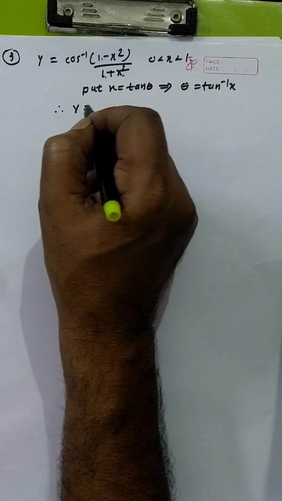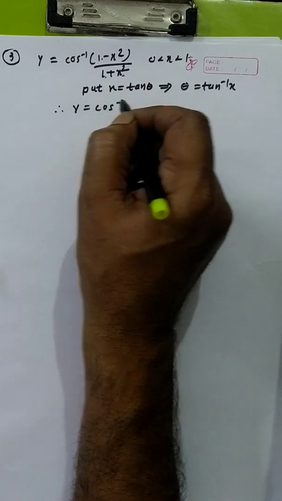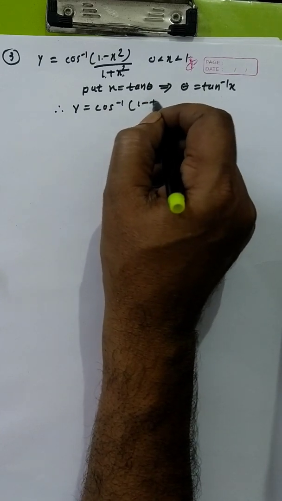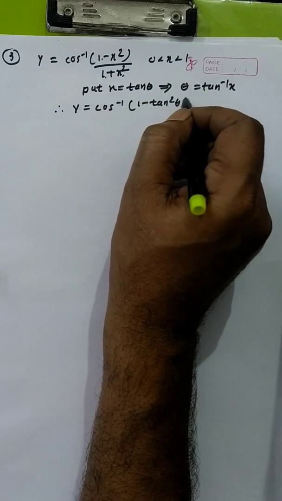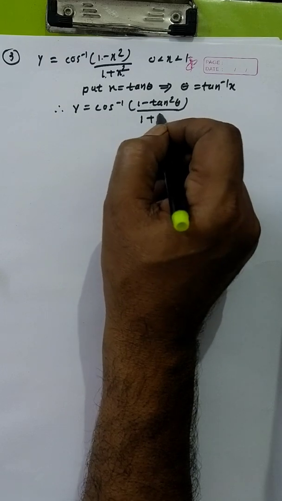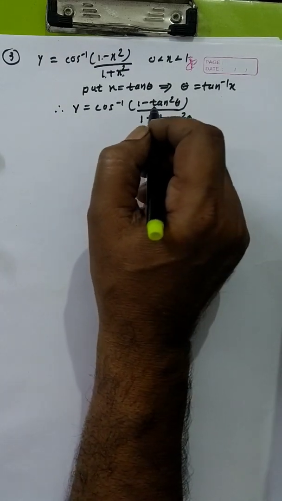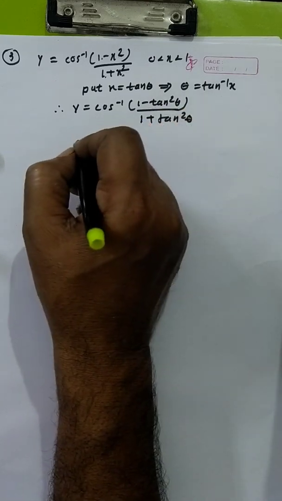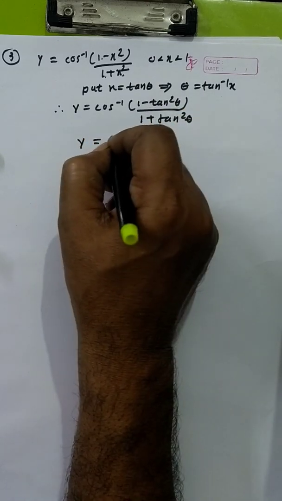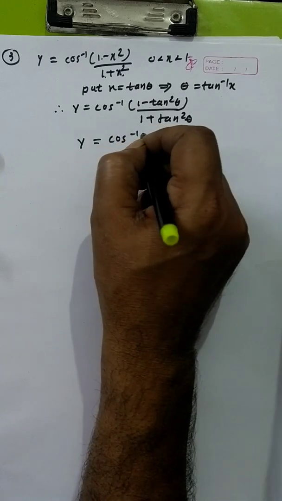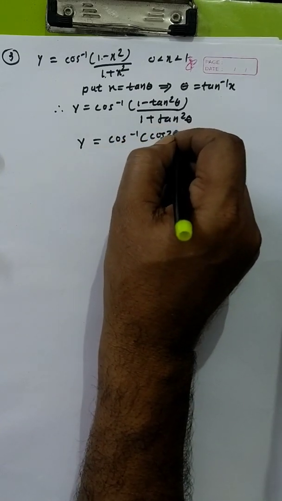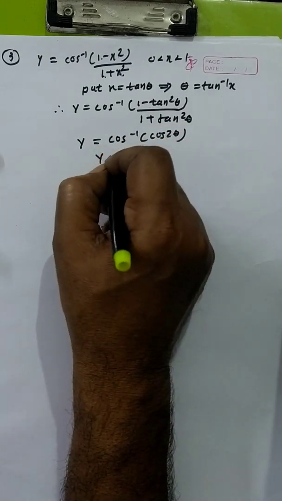Therefore, this becomes y equals cos inverse of (1 minus tan square theta) divided by (1 plus tan square theta). But what is that? It is the value of cos 2 theta. So this is cos inverse of cos 2 theta, which is again like cos inverse of cos y.